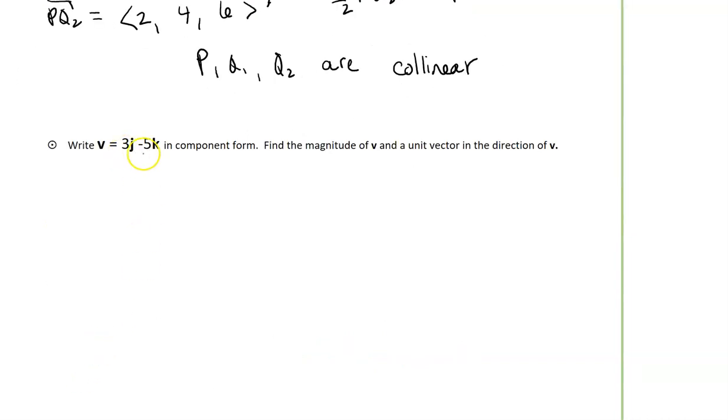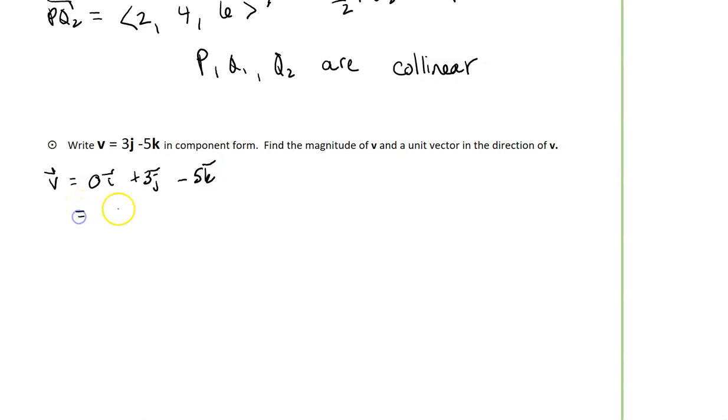One last example I want to point out is this one, v equals 3j minus 5k. It says find the magnitude of v and a unit vector in the direction of v. So it's understood that this particular vector has a 0 for the i component. So this is existing in the yz plane because x is going to be equal to 0 for every point in the vector.